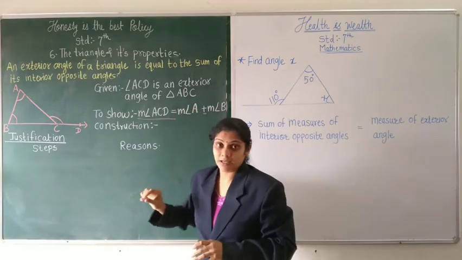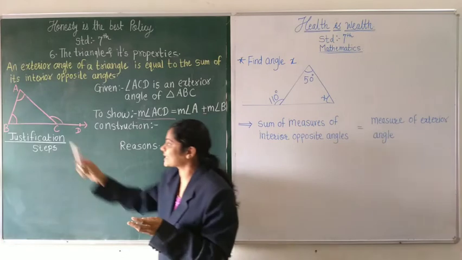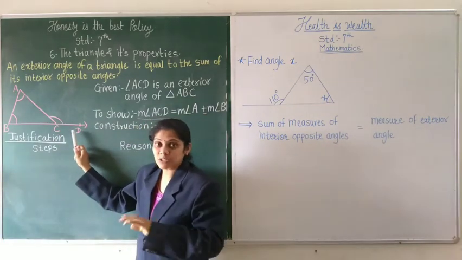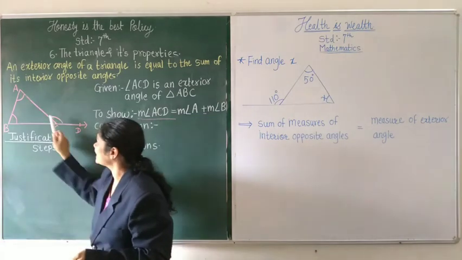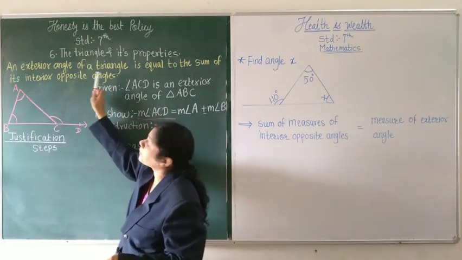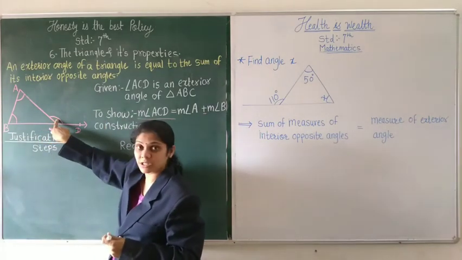its interior angles. So what will be the interior angle of this exterior angle? ACD is the exterior angle, so its interior adjacent angle is ACB. But here we want its interior opposite angles, so not the nearest angle of this exterior angle.